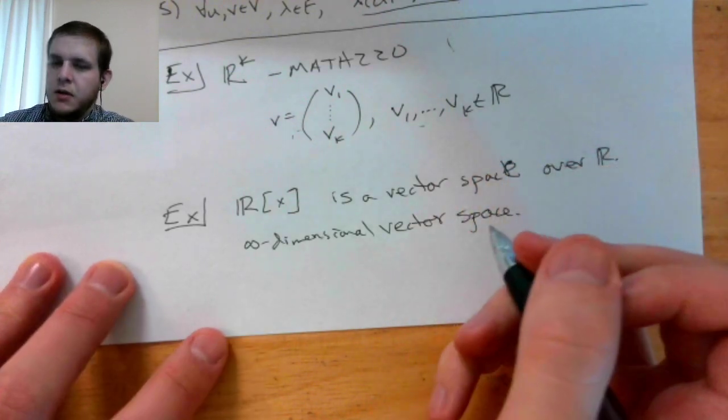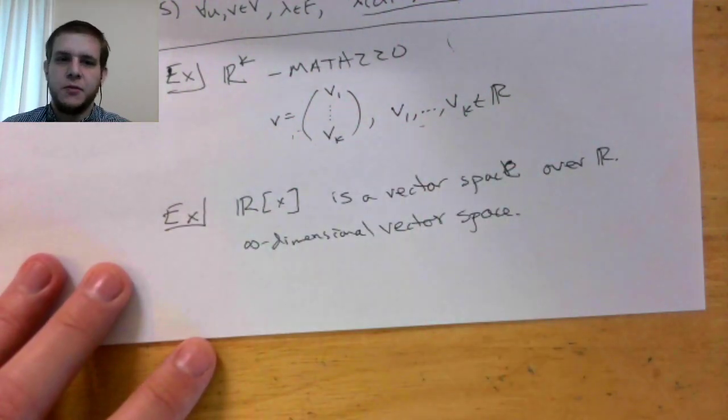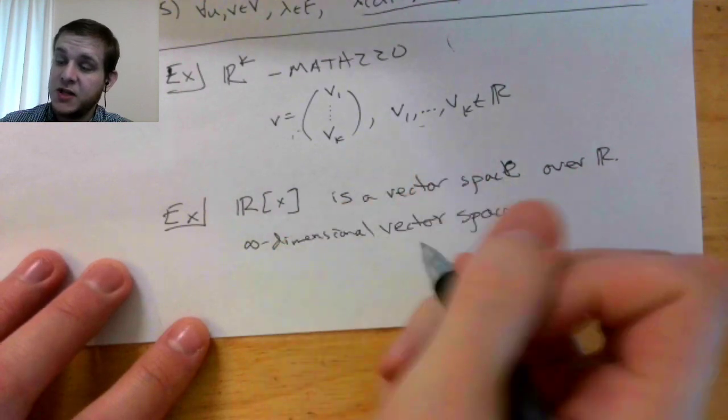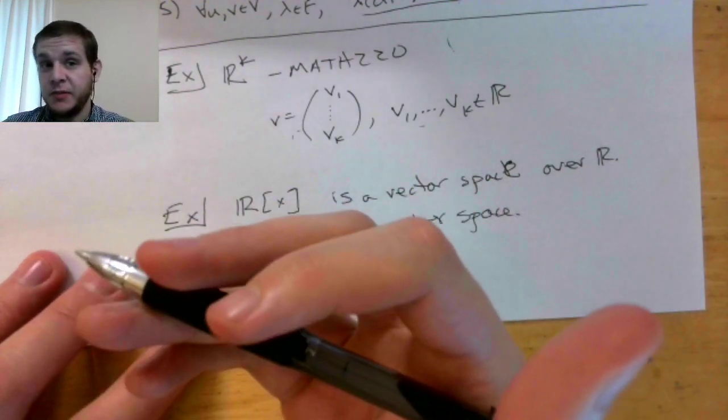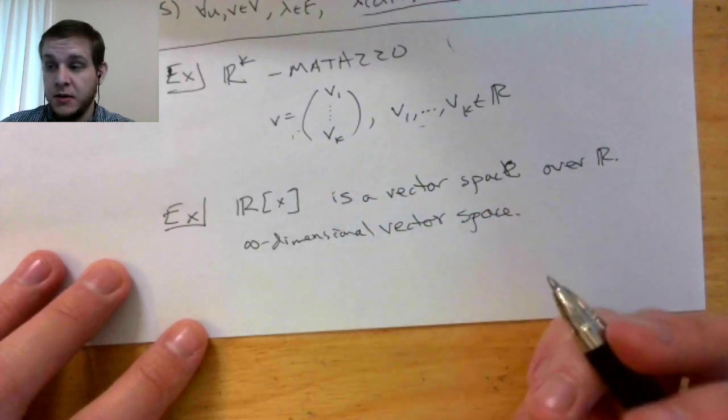And this is where we start to diverge away from algebra and into the realm of analysis. Infinite dimensional vector spaces present lots of problems when you try to generalize things like norms or dot products.